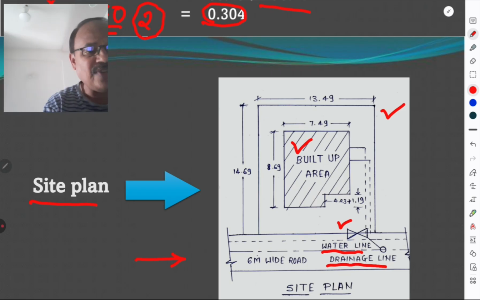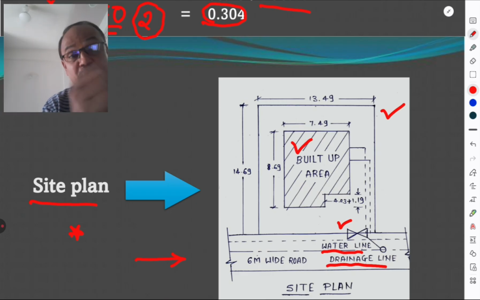So it is called a site plan. The site plan is very important. It shows the features of the site, the dimensions of the site, the water line, the drainage line, the built up area, the plot area. It shows the road also, and it shows the details of the adjacent properties with road names and road numbers also.